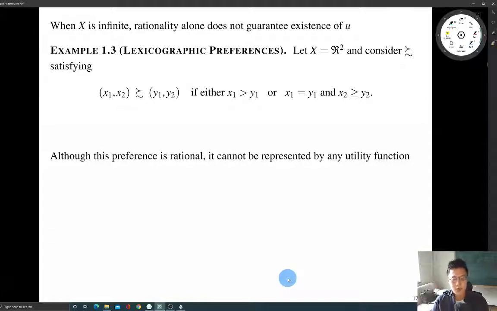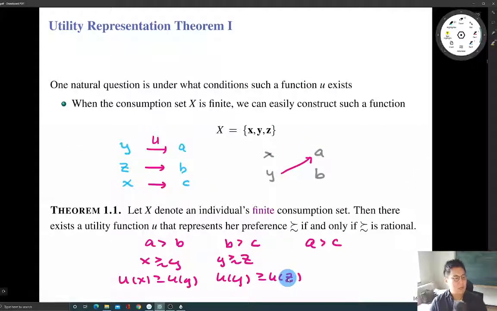All right, so let me call this theorem the first version of the utility representation theorem. It tells us if the consumer faces a finite number of bundles, so the consumption set is finite, then for existence of a utility function, what we need is rationality.